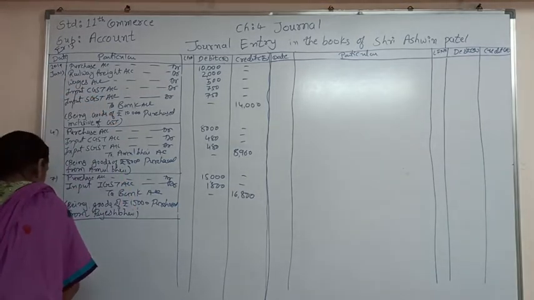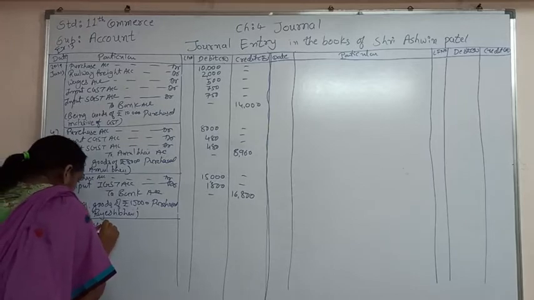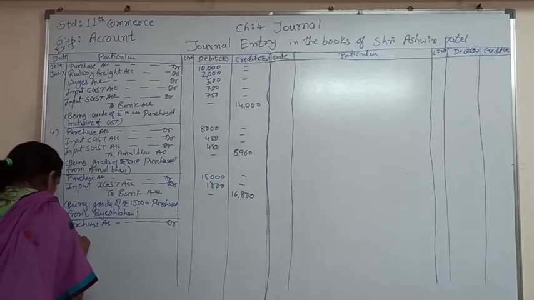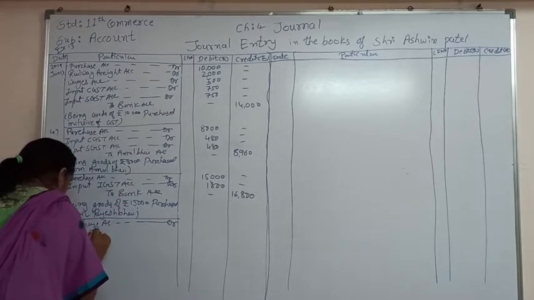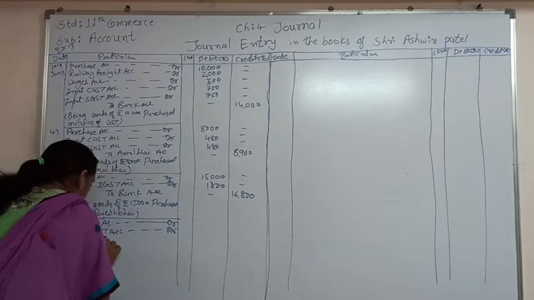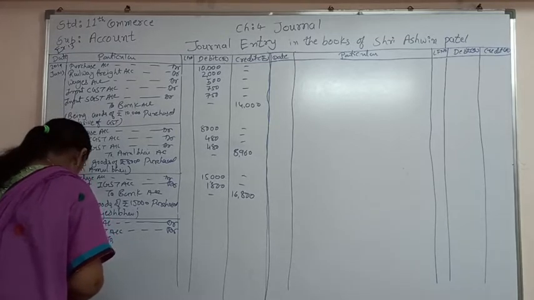So for 9, purchase account debit, input IGST account debit to Manoj Bhai account.